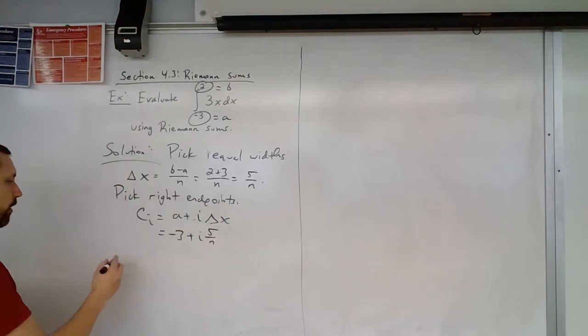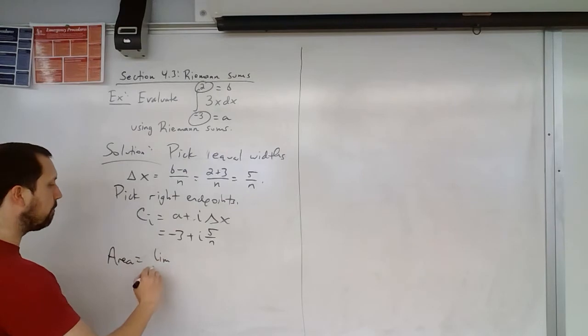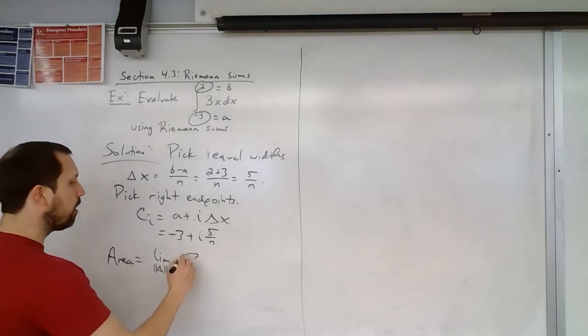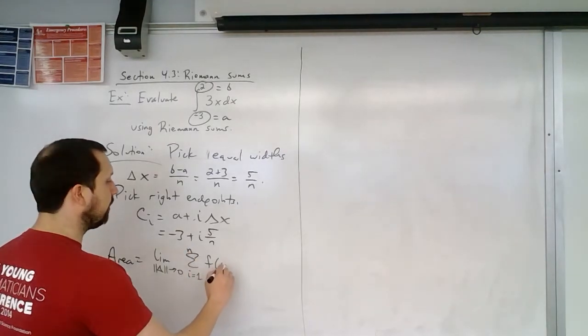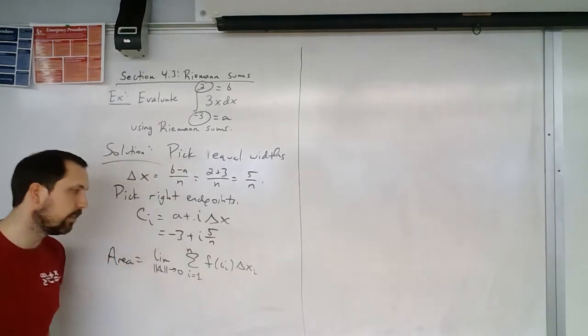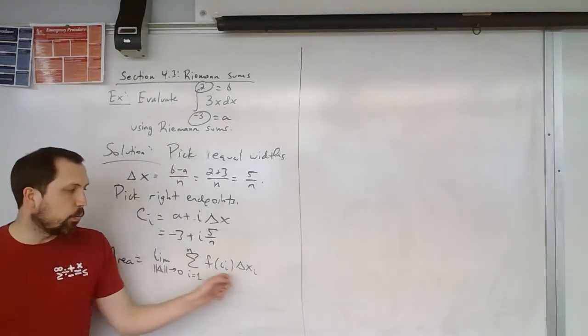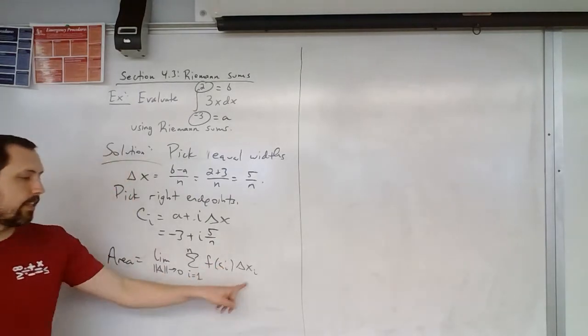Okay, so now what we're going to do is we're going to look at this area. We said the area formula was the limit as this largest width goes to 0 of the sum from i equals 1 to n of f of c sub i delta x sub i. So we have this width of all of these. So we have this area of each of these. Remember, it's the height times the width.